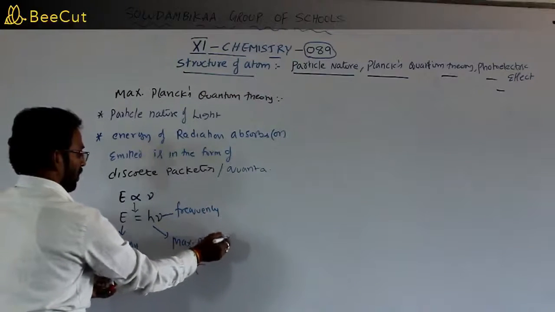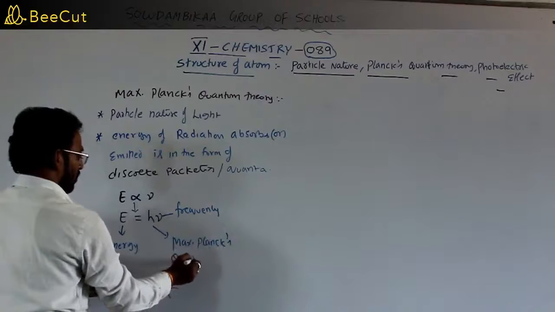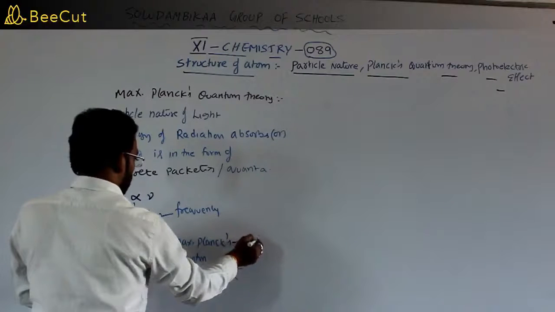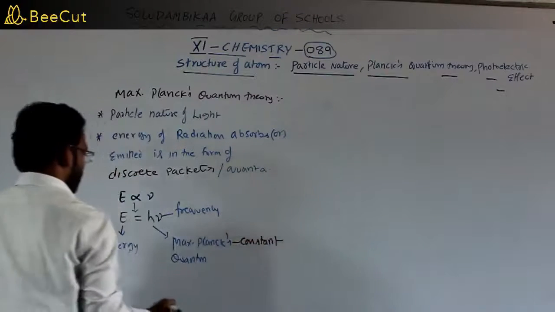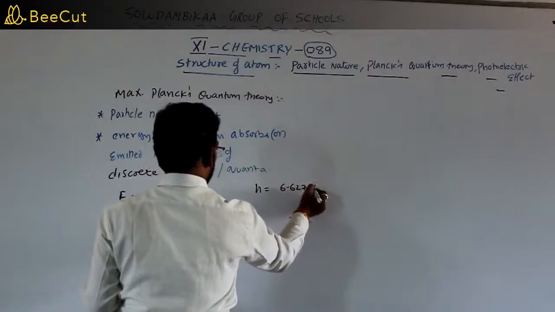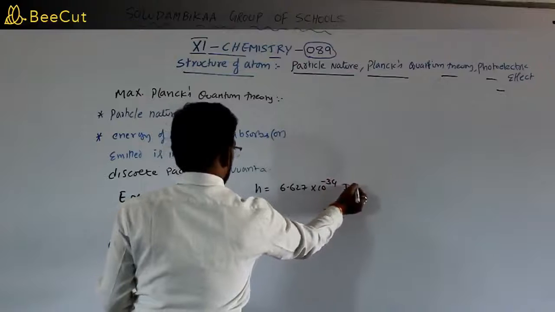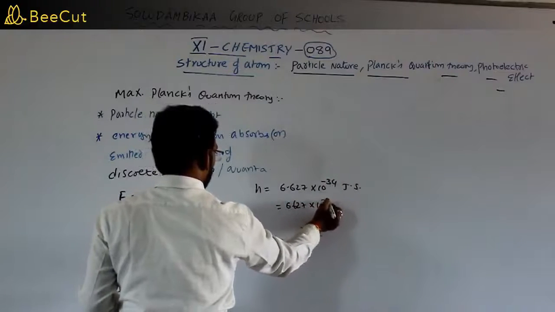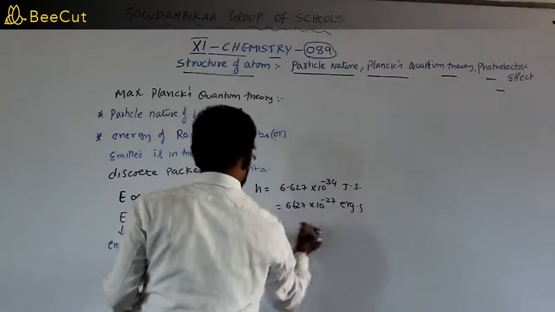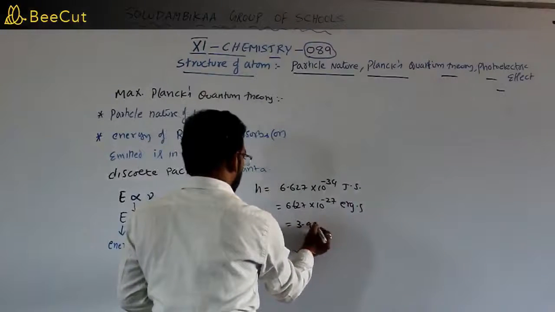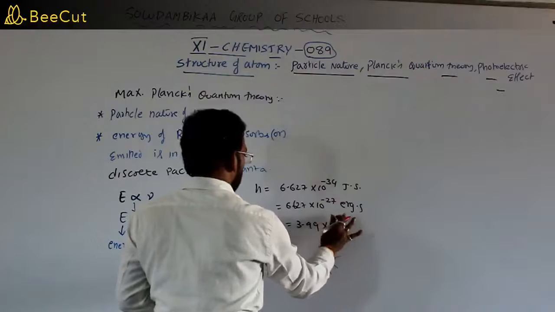Max Planck's constant. The h value we can write as 6.627 into 10 to the power of minus 34 joule second, or it is also equal to 6.627 into 10 to the power of minus 27 erg second, or this value can also be written as 3.99 into 10 to the power of minus 13 kilojoule per mole.